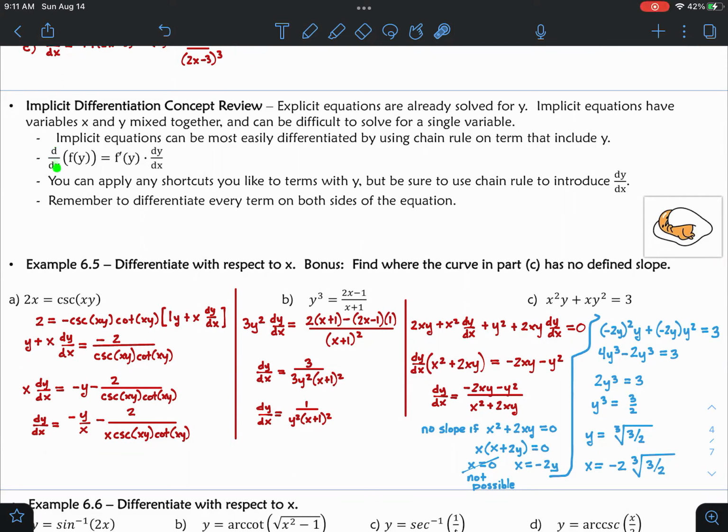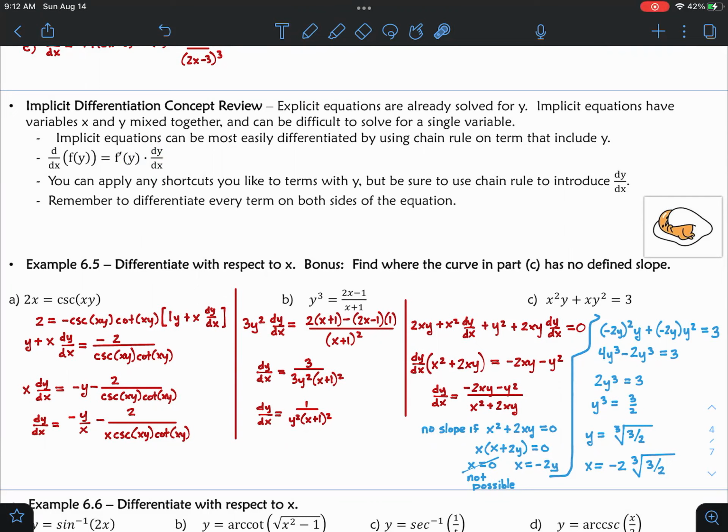Basically, for the derivative of functions of y with respect to x, we take the derivative of the overall function, but we then have to multiply by the derivative of whatever y is with respect to x, which in some cases we don't know what it is. That's why we simply use the notation dy/dx to multiply on. So when we multiply dy/dx onto derivatives of y terms, it's because of chain rule.